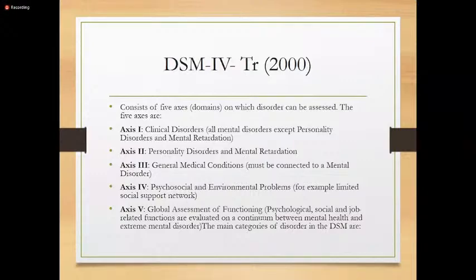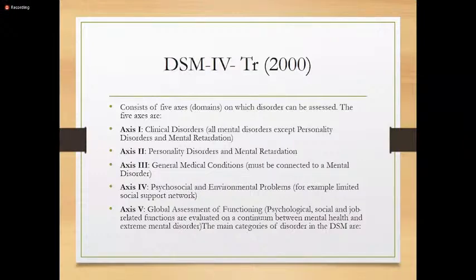Then we had an axis four, which helped us look at the psychosocial and environmental problems associated with the disorder in axis one. For example, that this person has limited social support, which is important, or this person has been jobless for a long time.